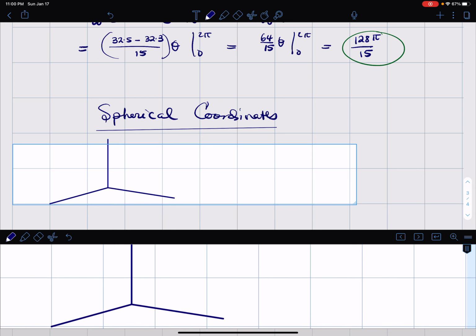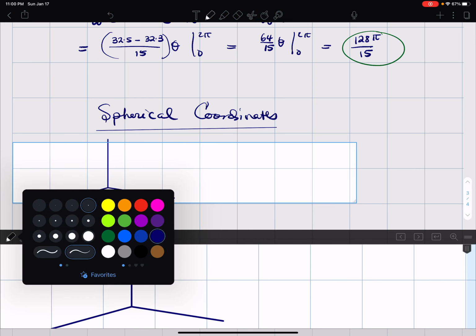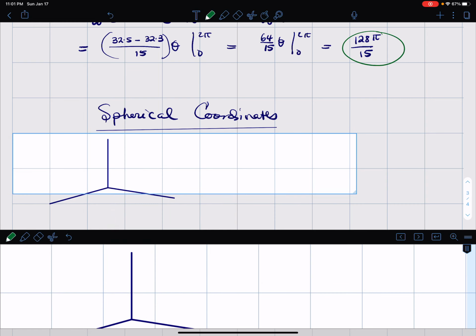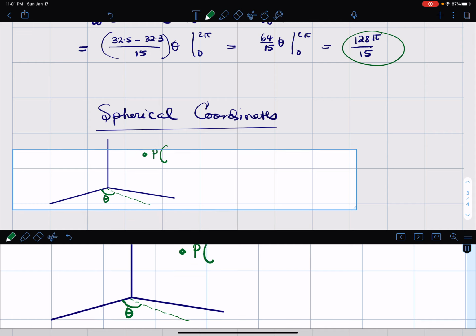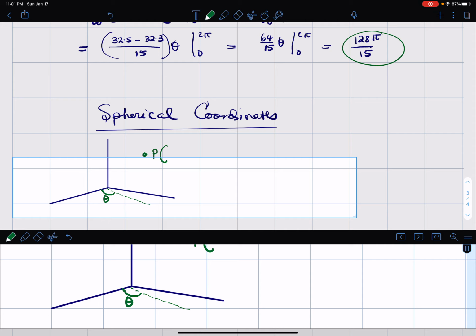If you have a point over here, call this point P. Assuming on the XY plane, P makes an angle of theta with the x-axis.